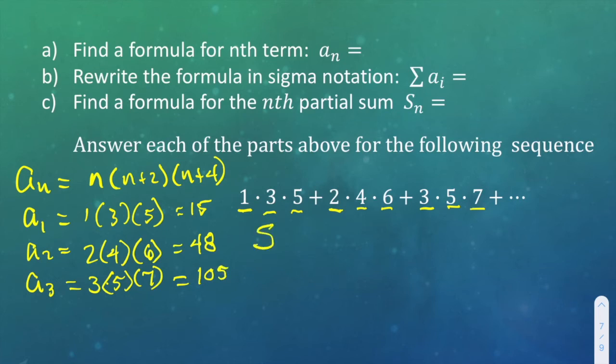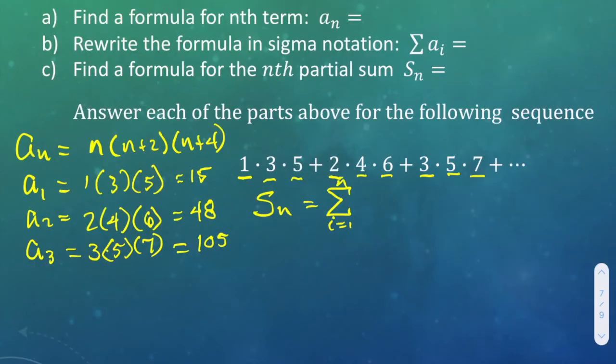My sigma notation for S sub n is going to look like this then, with I as the index, I equals 1 to n. The index I equals 1, all the way up to n. And as we look at our a sub n, that turns this into this then. So we have I times I plus 2 times I plus 4. So we need to multiply that out.